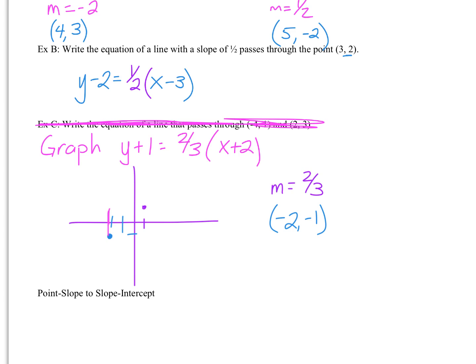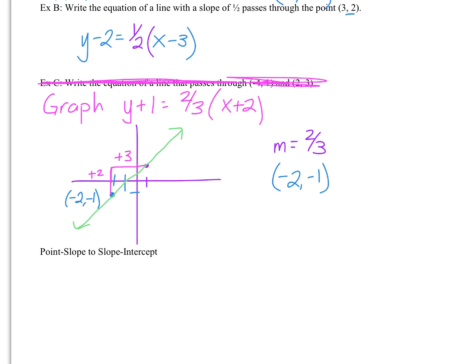So, we went up 2/3, and that point was our -2, -1. And then we have our line, right? Okay. All right, so sorry my graph's a little messy. You guys have a nice one to draw it on. Any questions on graphing that?